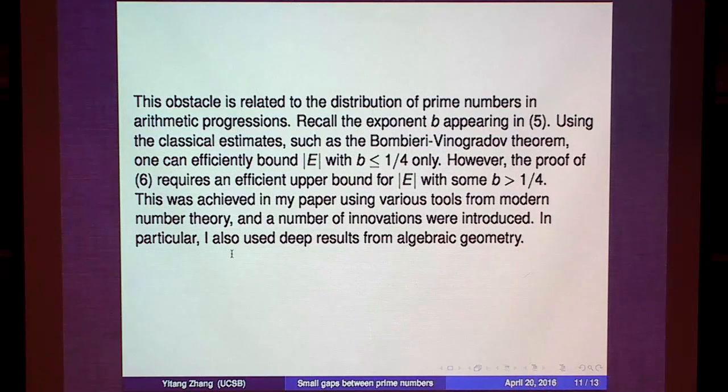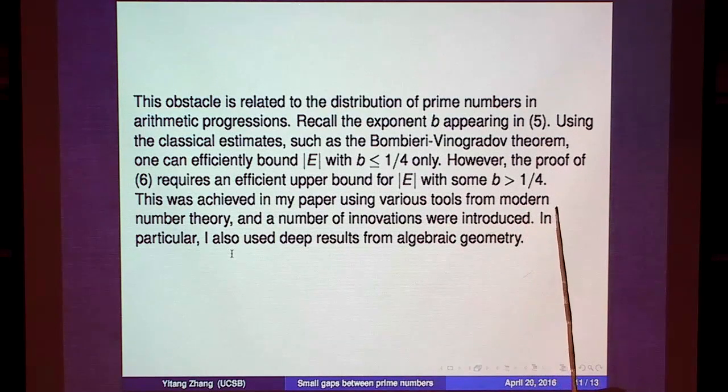Let me just insert some words about that. That was in 2008 in the American Institute of Mathematics in the Bay Area, also in California. There was a workshop, and many mathematicians together, using 1 week, tried to say, can we get an efficient upper bound for E with some B greater than 1/4, maybe just 1/4 plus a very small number epsilon.